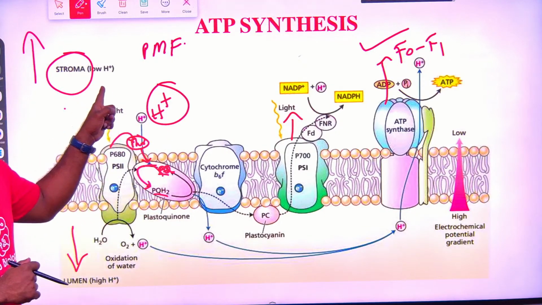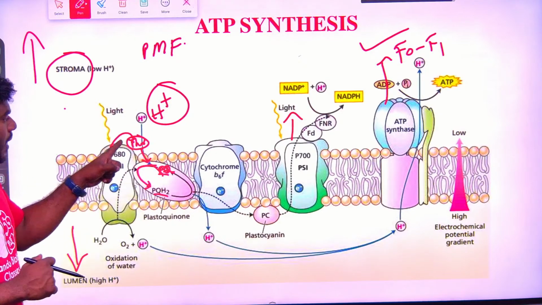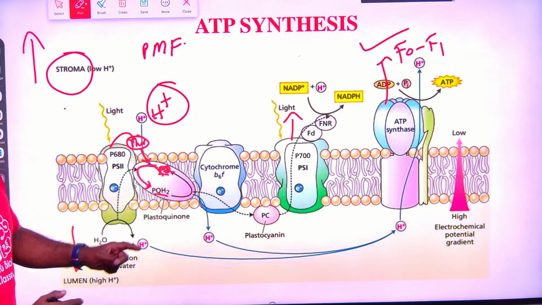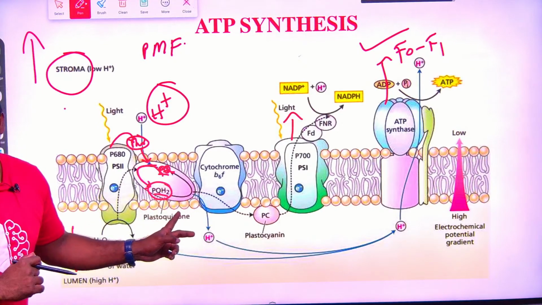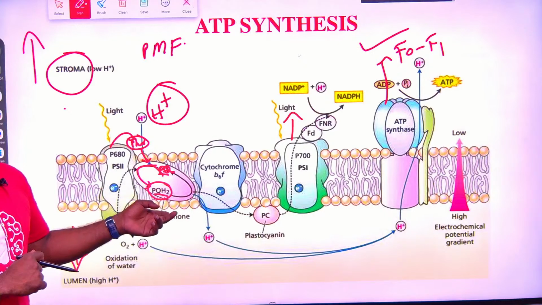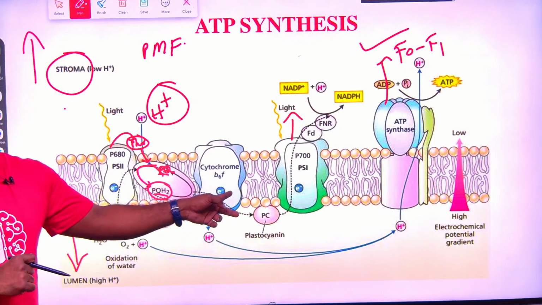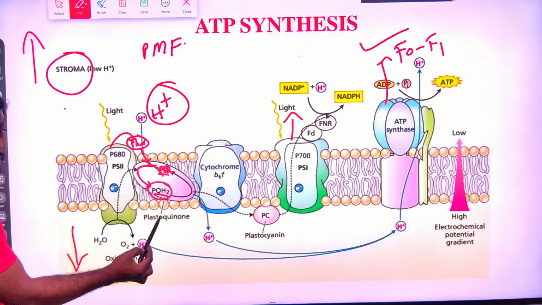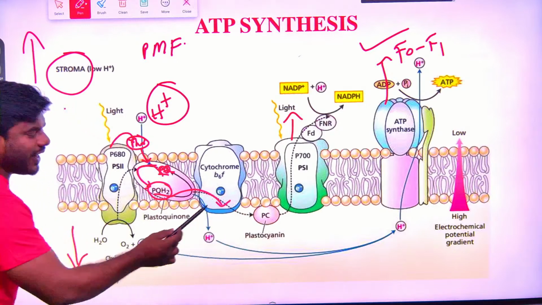It is coming from the stroma. Upon accepting the proton from the stroma and the electron from the pheophytin, plastoquinone is reduced to PQH2. PQH2 never keeps the electron with it. It has to pass it to the next electron acceptor complex. Then PQH2 passes the electron to whom? Cytochrome b6f.